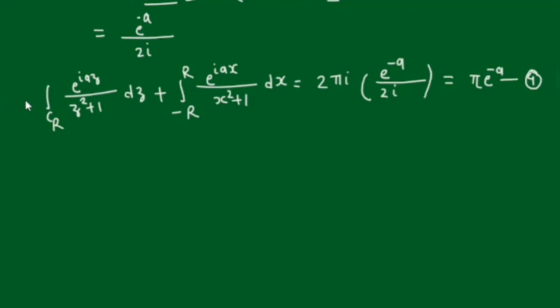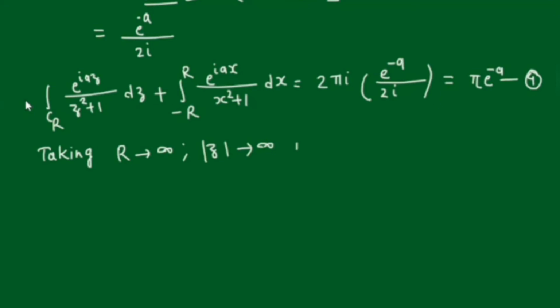Now we take the limit r tends to infinite. Taking r tends to infinite, that means mod of z will tend to infinite.